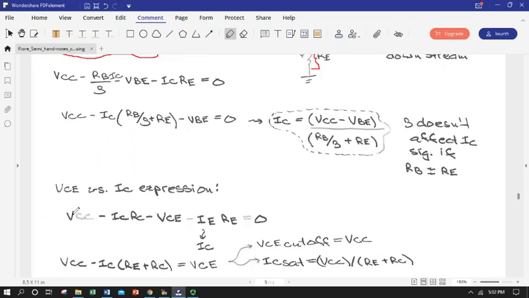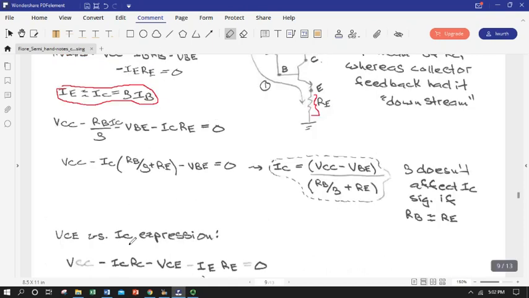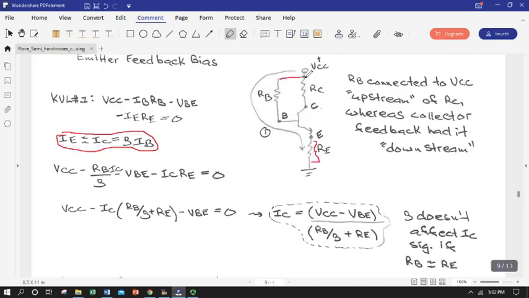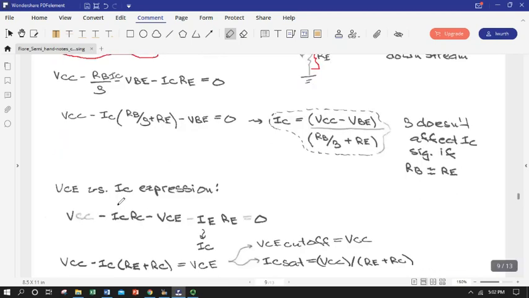We can still start at our supply voltage. We can drop to V sub C with our collector current flowing through our collector resistor. We can write VCE, and then we can write an expression for the drop from E to ground. So getting to point C, that's what we're solving for, and this is the drop the rest of the way to ground.